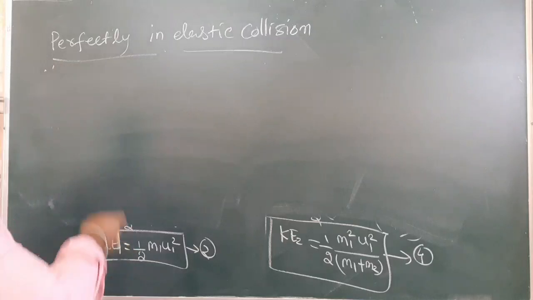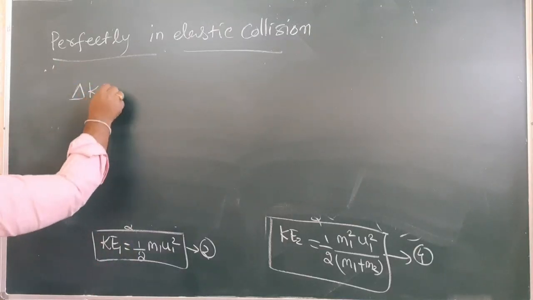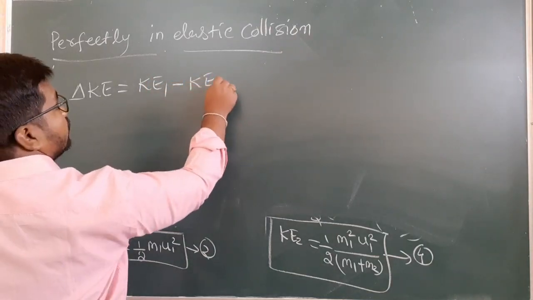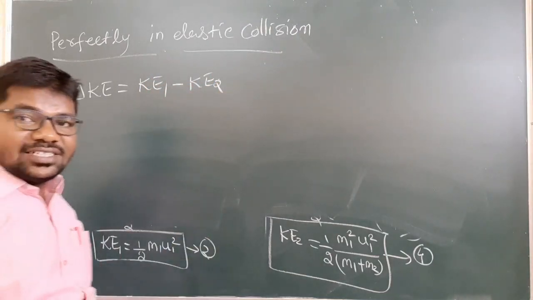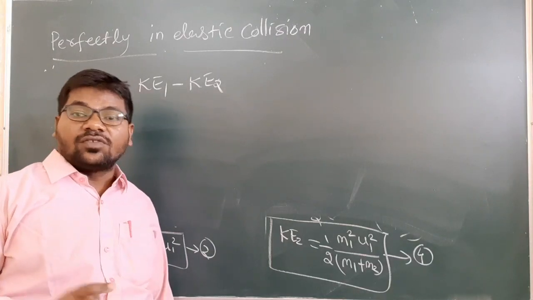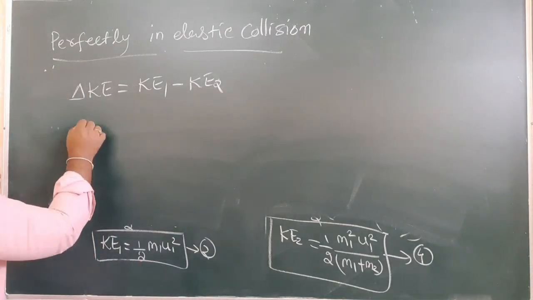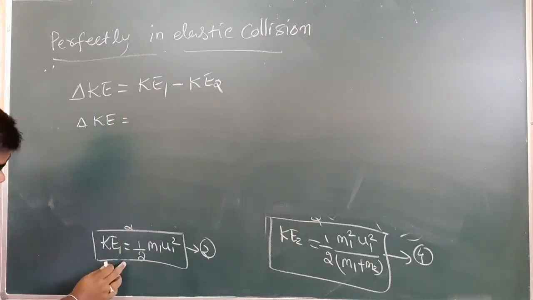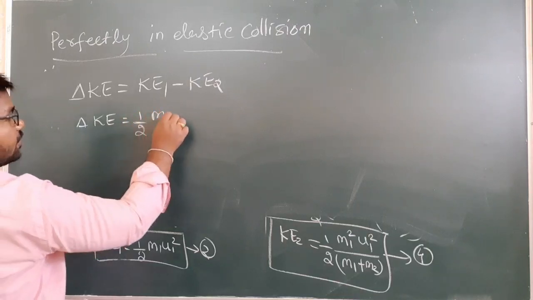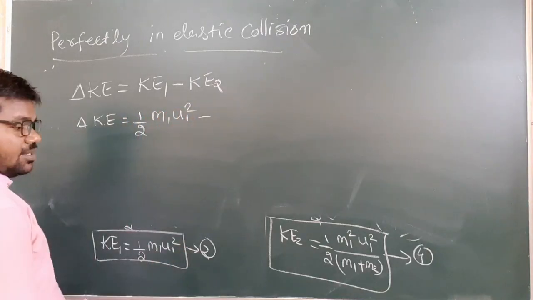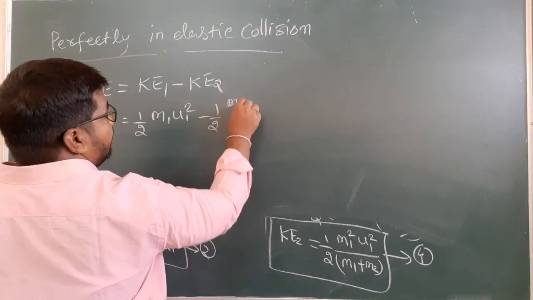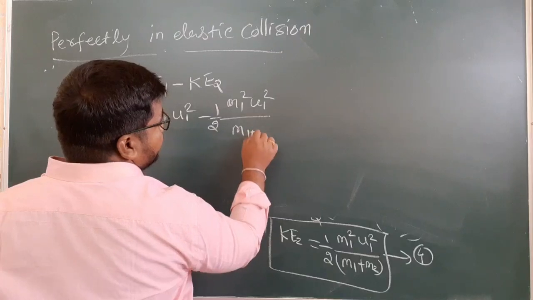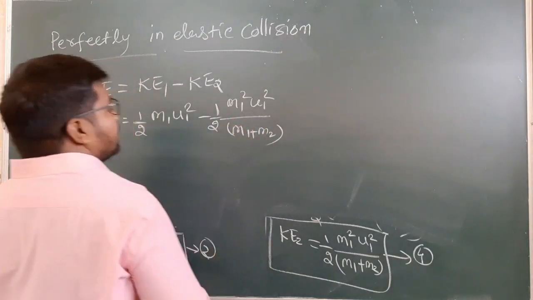Change in kinetic energy delta KE is equal to KE1 minus KE2, the kinetic energy before the collision minus the kinetic energy after the collision. See here, delta KE is equal to KE1, which is 1 by 2 m1 u1 square, minus 1 by 2 m1 square u1 square divided by m1 plus m2.